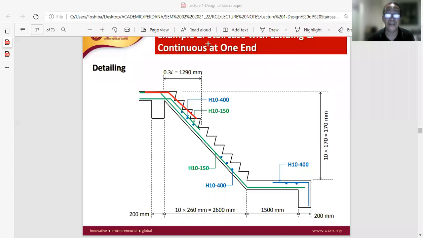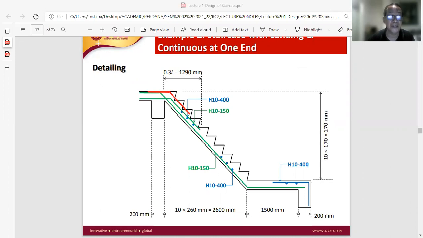Alamak. Okay, draw lagi sekali. Okay, we need to add additional reinforcement di sini so as to provide sebagai top reinforcement over support.